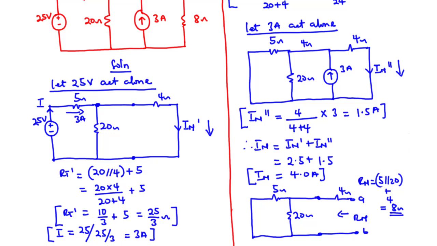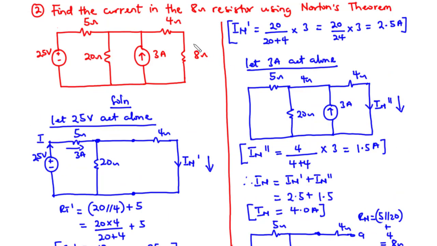Now to find the value of the current flowing through the 8 ohms resistor, first of all let's draw the Norton's equivalent circuit. So we have IN connected in parallel with Rn. We have IN to be 4 amperes.